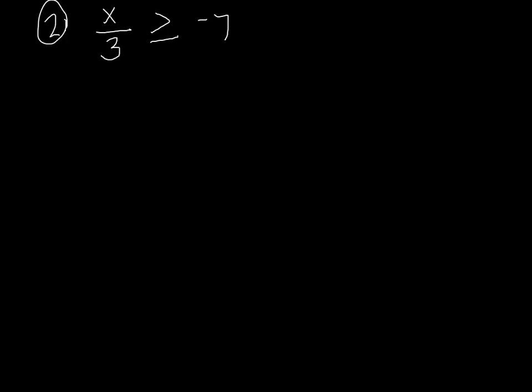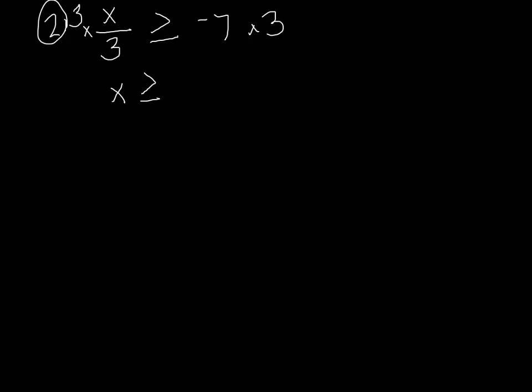So right now I have x divided by 3. To get rid of that and to get 1x, I need to multiply both sides by 3. Multiply by 3. Okay, so 3 divided by 3 is 1, or just regular old x, is greater than or equal to negative 7 times 3.